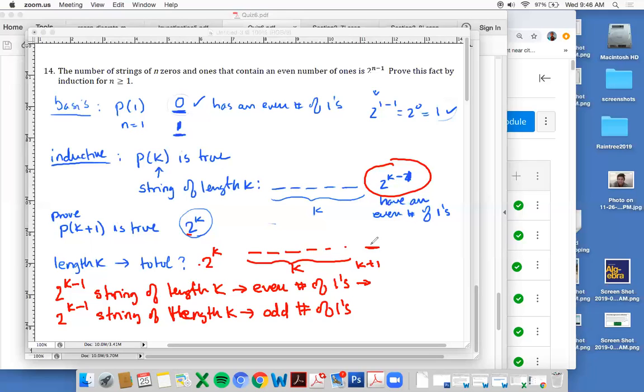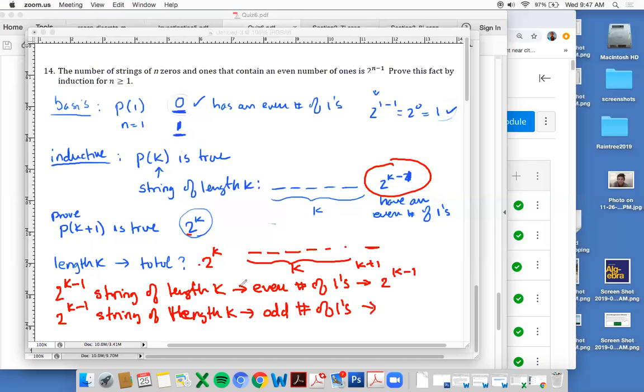All right, a 0. The important part is that I only have one choice for the bit that goes at the end. So I had 2 to the k minus 1 options here, but this last bit doesn't increase the number of options because I'm forced to put a 0 in there. So I still have 2 to the k minus 1 choices, even if I increase the string length by 1.